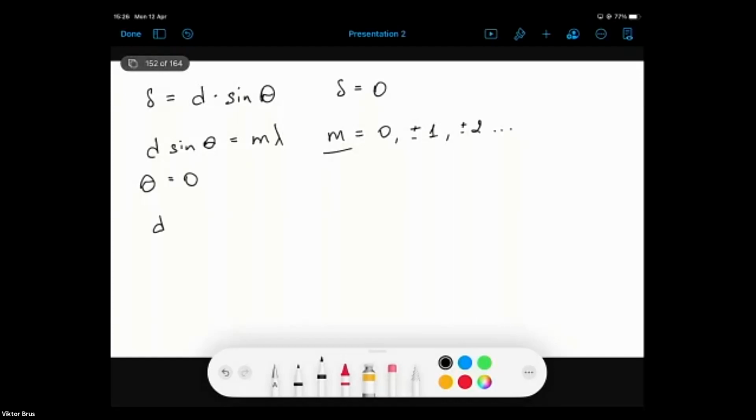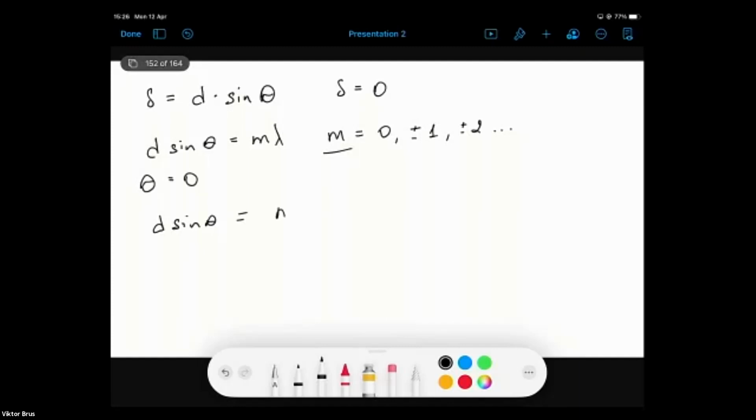So it will be d times sinus theta. So it means that this difference in the path of both waves from the slits toward the point P should be an odd multiple of lambda divided by 2 in order to get destructive interference.